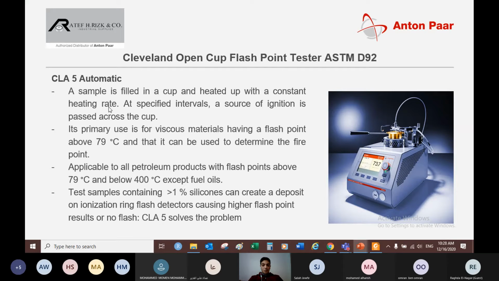It's used for highly viscous samples and flashpoints above 79, which is why it covers a wide range of temperatures up to 400 Celsius. Our instrument also solves the problem of silicone content. The silicone content in samples affects the flashpoint test. However, the CLA5 makes a correction for this and gives you accurate results, even if the silicone content is higher than 1%.